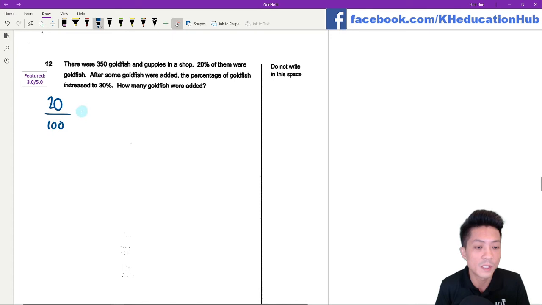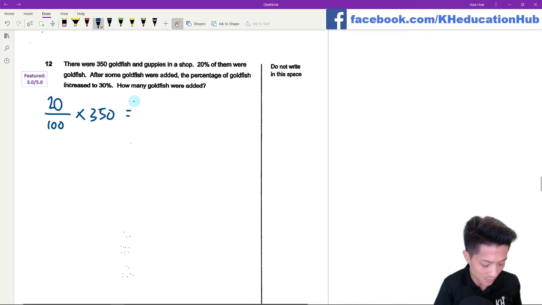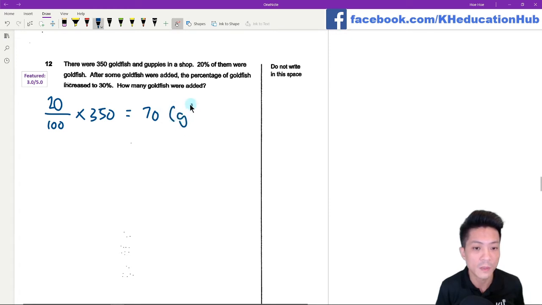Okay, 20% of 350 is going to give me 70. This is the goldfish, which means that there will be 280 guppies.